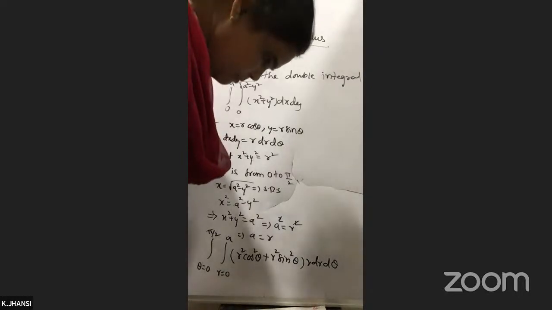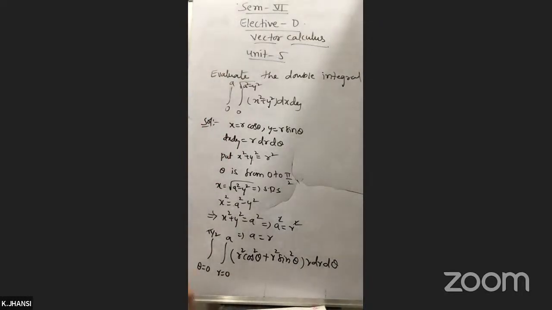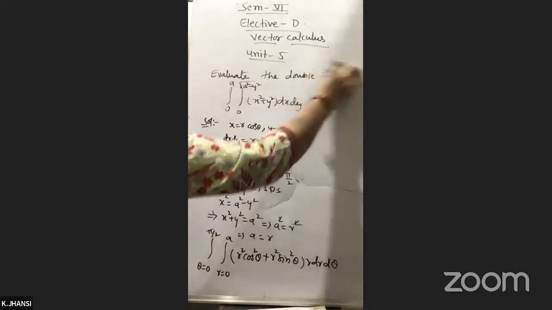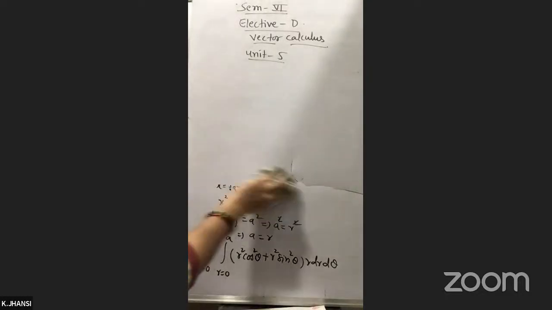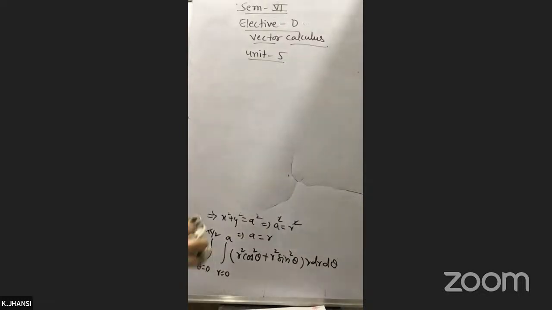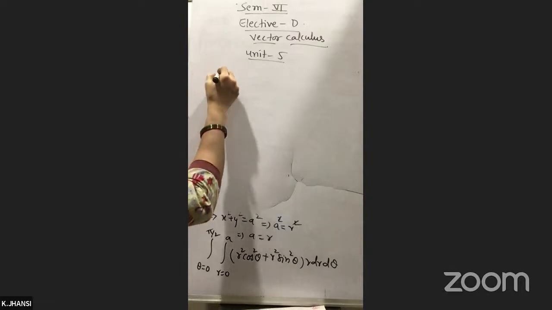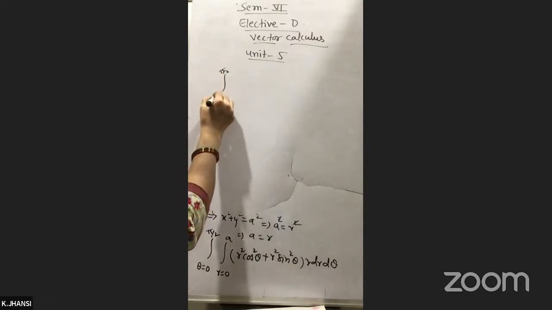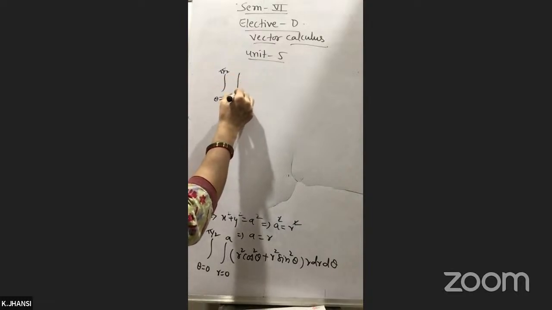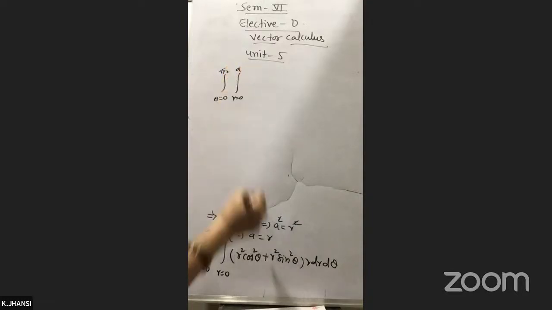So now doing the simplification, we'll get it as theta is 0 to pi by 2 and r equals to 0 to a.